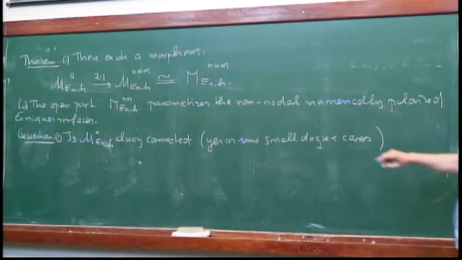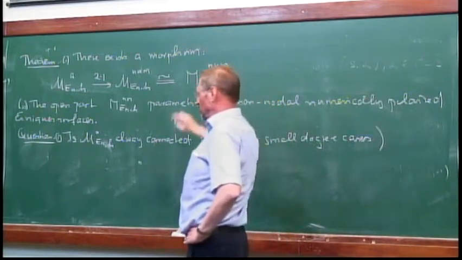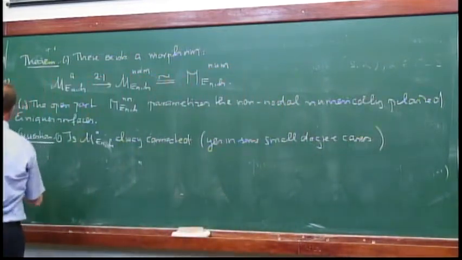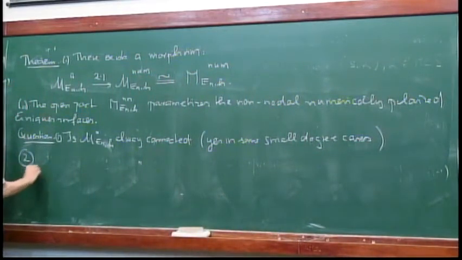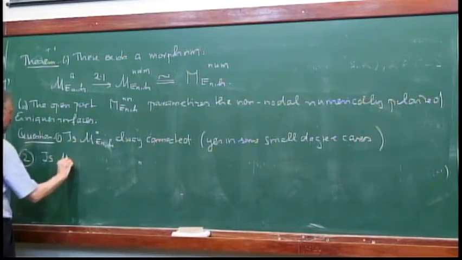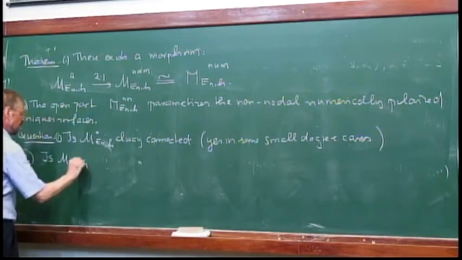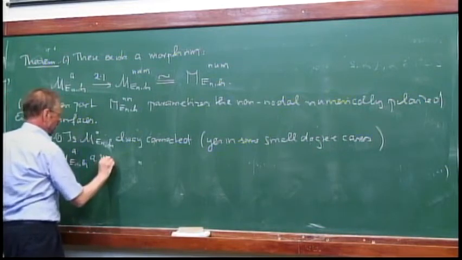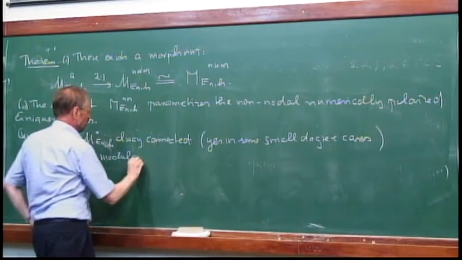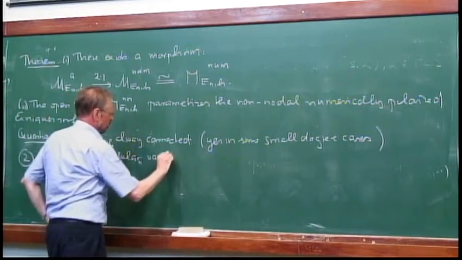Now, the moduli space of numerically polarized Enriques surfaces, is that a modular variety? So the question is: is the moduli space itself a modular variety? Then, of course, it would be connected.